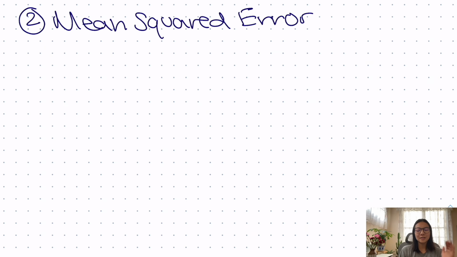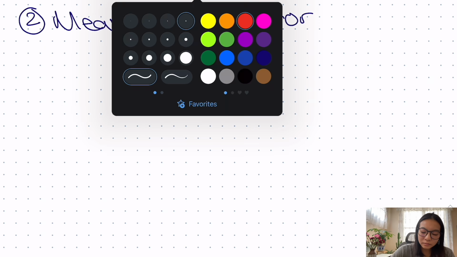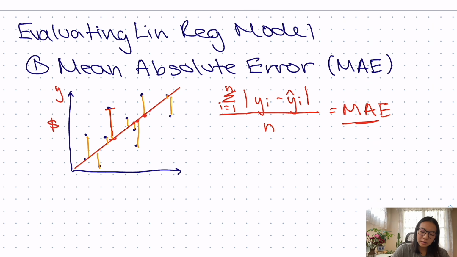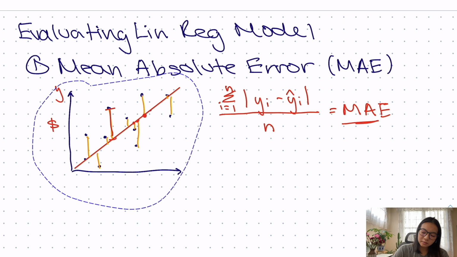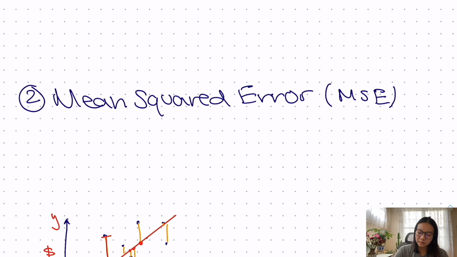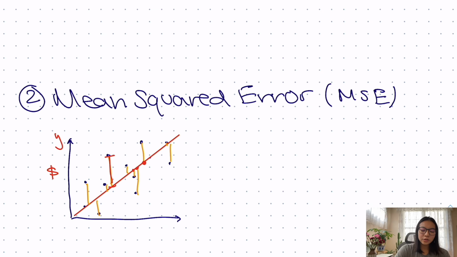An evaluation technique that's also closely related to that is called the mean squared error, or MSE for short. Now, if I take this plot again and duplicate it and move it down here, the gist of mean squared error is kind of the same, but instead of the absolute value, we're going to square.